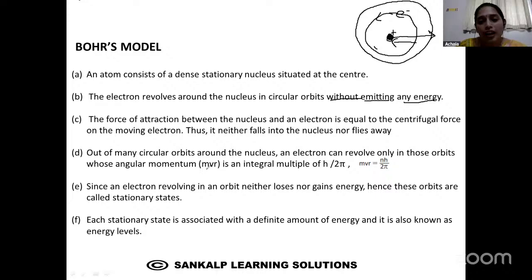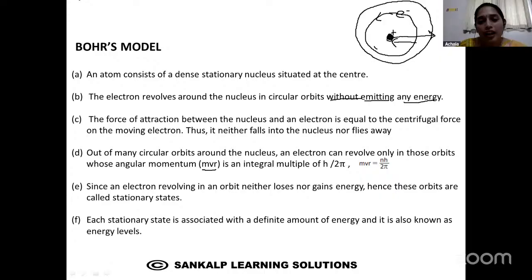It is given by mvr equals nh by 2 pi. Here n is the nth orbit, whether it is the first orbit or second orbit, and based on that, n is multiplied.